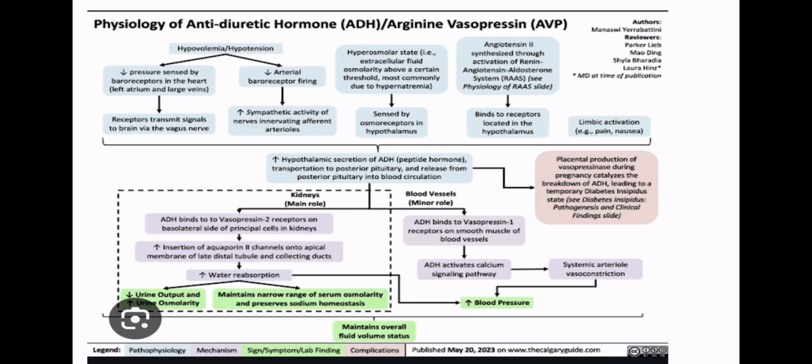Apart from its primary role in water conservation, there will be vasoconstriction by the calcium and phospholipase C generated second messengers. As we know, other stimulants are emotional stress, pain, and a variety of drugs. Nausea and vomiting are extremely potent stimulators of AVP release, and the effects of these stimuli may be important in situations such as the post-operative state, affecting the water balance.